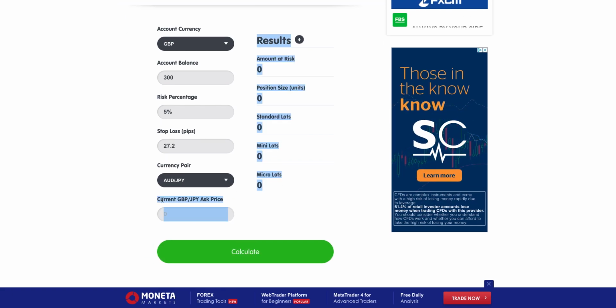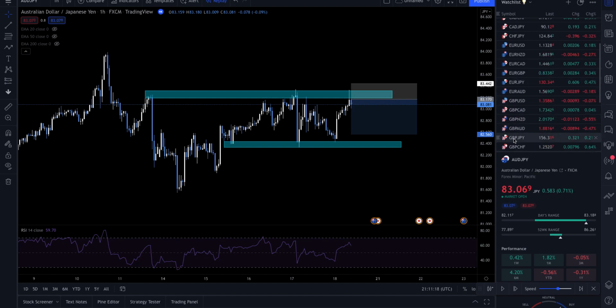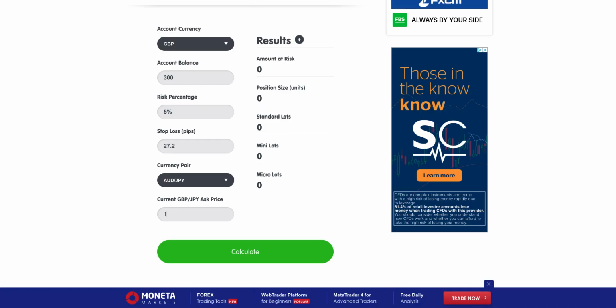And then it asks us underneath, what is the current GBP JPY ask price? So we'll go back onto TradingView and we'll find GBP JPY. So we can see the price of GBP JPY currently is 156.316. So back onto Baby Pips, 156.316. And then we'll click calculate.